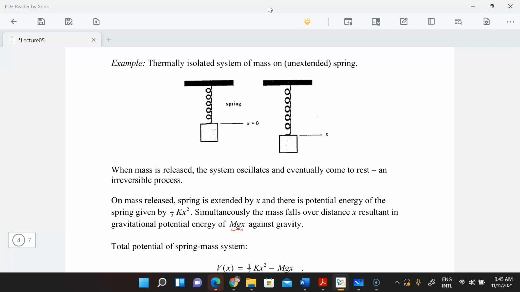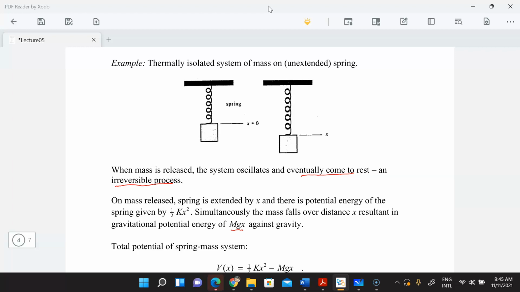It will oscillate, and finally at some point it will come to rest. The process from the oscillation to the rest position of the mass is actually an irreversible process.